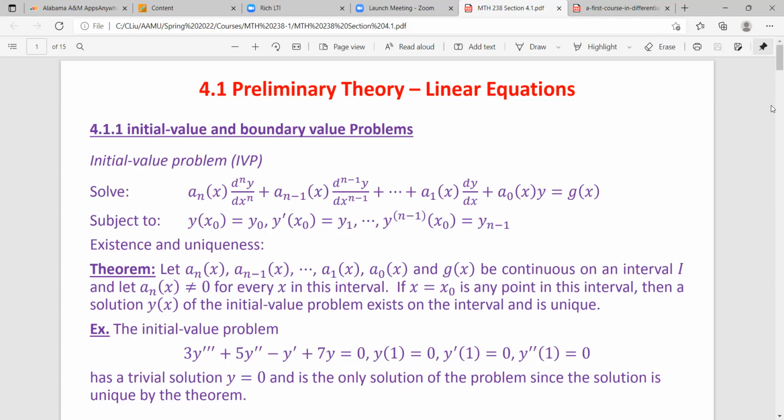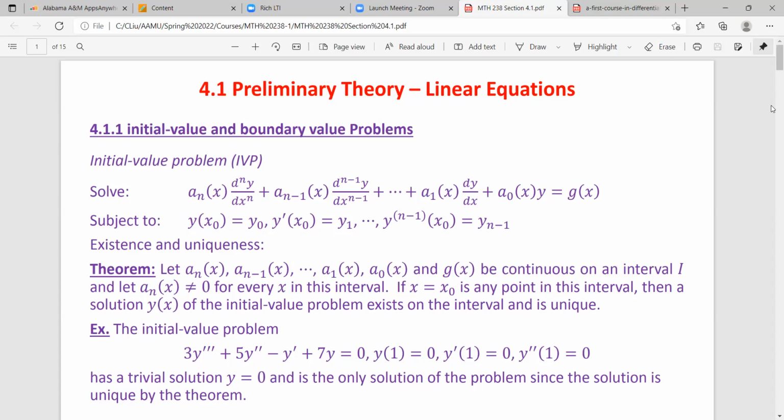We have to discuss some general theory about linear equations of high order. So it will take quite some time for us to complete this section.